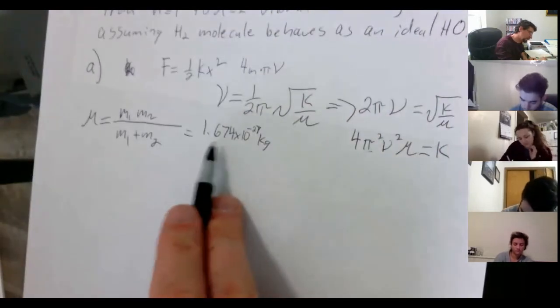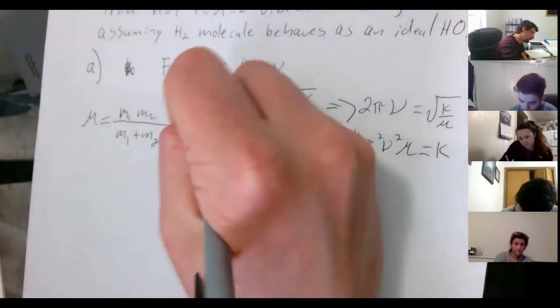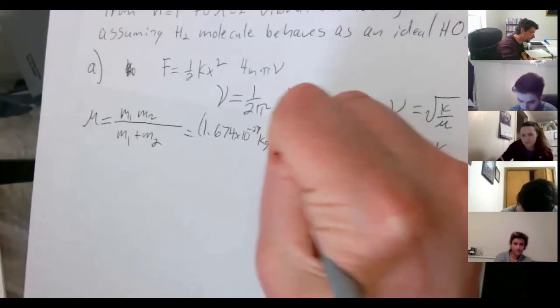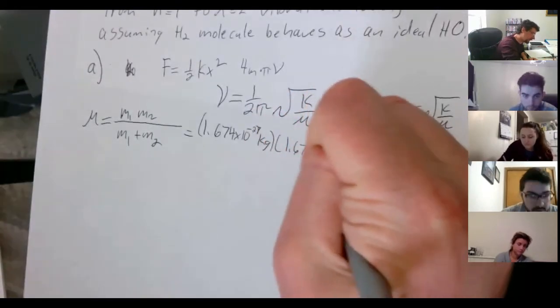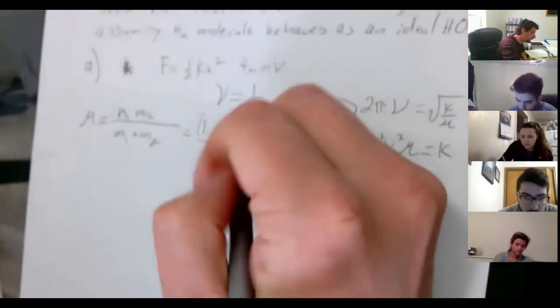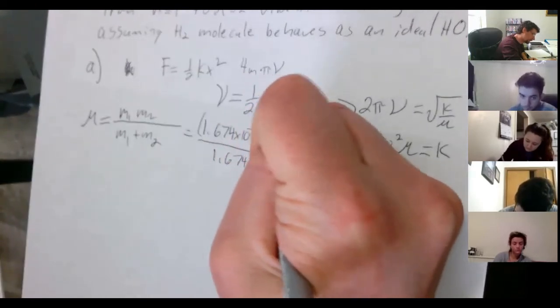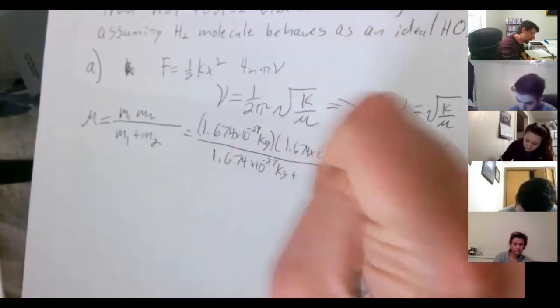And it's 1.674 times 10 to the negative 27th kilograms. 0.674 times 10 to the minus 27 kilograms, divided by 1.674 times 10 to the minus 27 kilograms plus that.